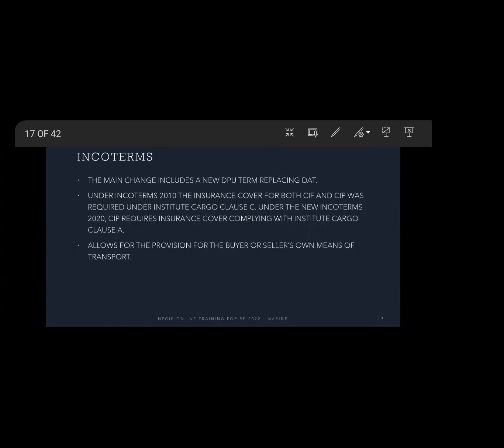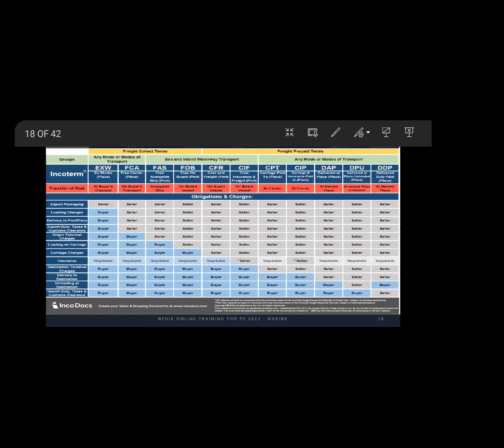So, in the minimum insurance requirement, there is a change. In the new Incoterms, there is also a provision for the buyers and sellers to use their own means of transport. That clarity has been brought about by the Incoterms.